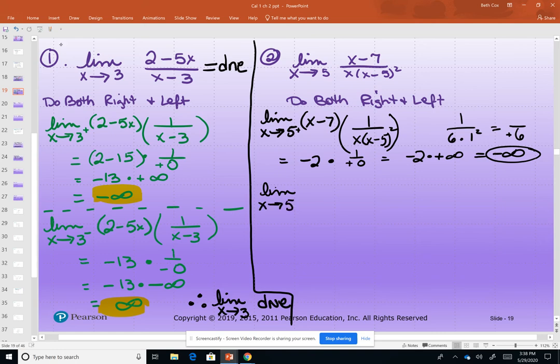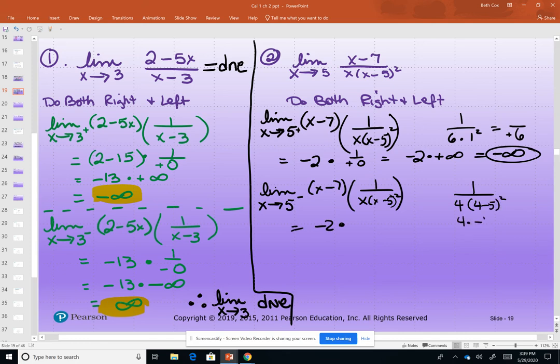And now we're going to do from the left. Again, when I plug in, I get the negative 2 here. But now when I plug into my fraction and I plug in a number from the left, say 4, that'd be 1 over 4 times 4 minus 5 squared.